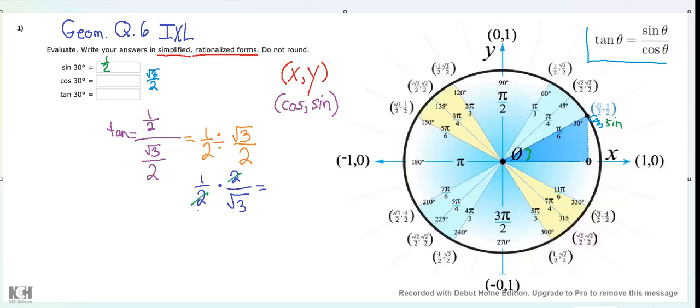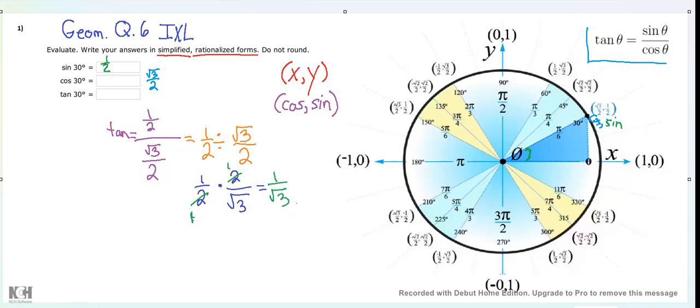Those cancel out if you know the canceling method. It just simply makes it easier because it reduces before multiplying. Now we have 1 times, well, actually, this turns into 1, this turns into 1. 1 times 1 is 1. 1 times the square root of 3 is the square root of 3.